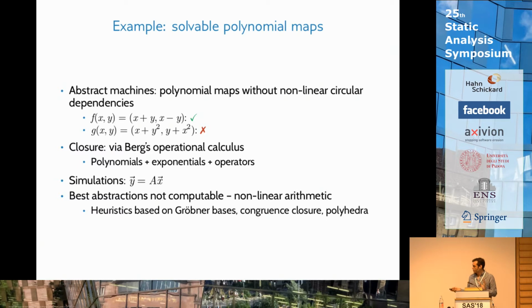Right, so this is the first case we've seen where we can't compute best abstractions, but we can still sort of use these guiding principles that's given to us by the category theoretic framework to compute an approximating solvable polynomial map.